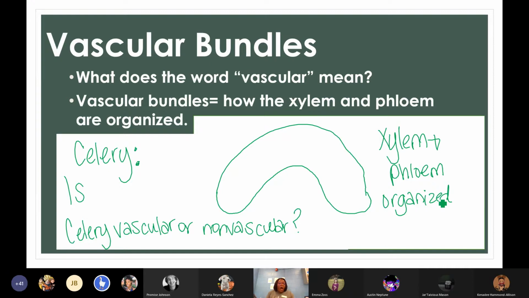But with a piece of moss, which is a non-vascular plant, if I were to look at that under a microscope, I would be able to see that the xylem and phloem are all over the place. They're very unorganized. So as we look inside the celery stem today, I want you to try to answer that question. Is celery vascular or non-vascular, and why?